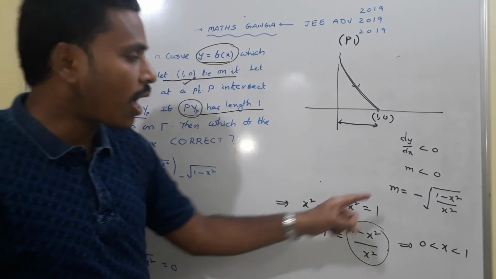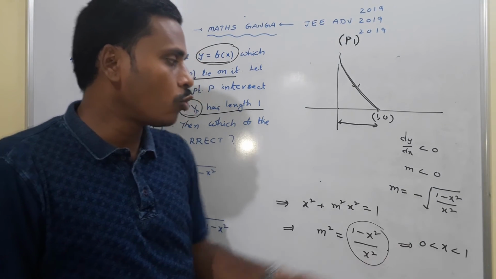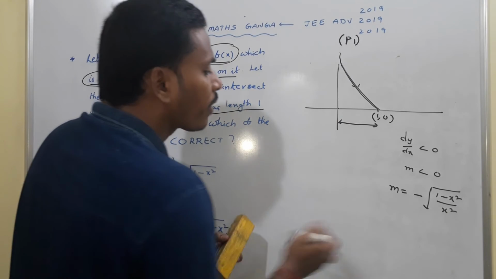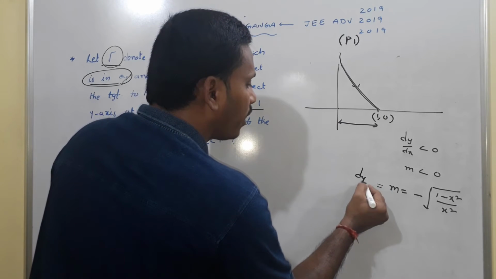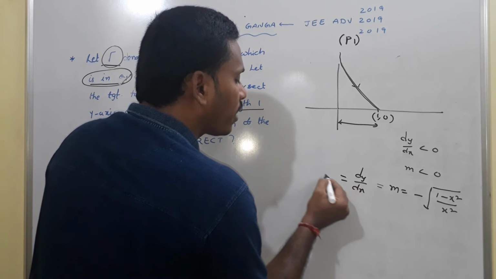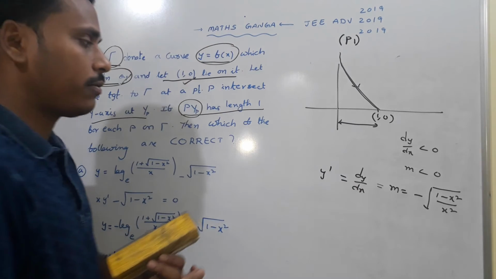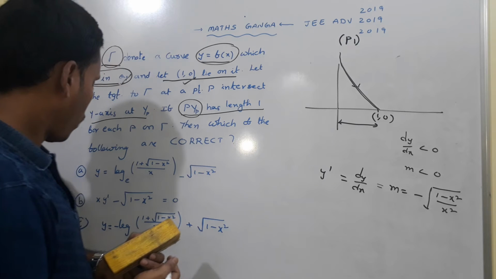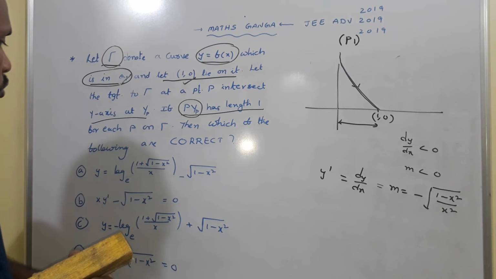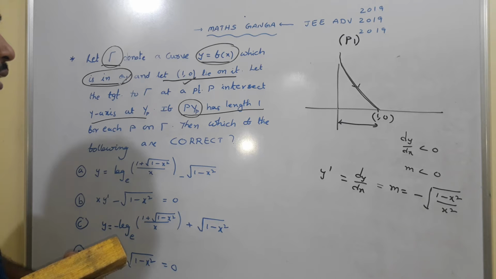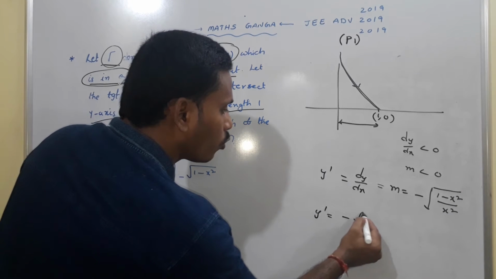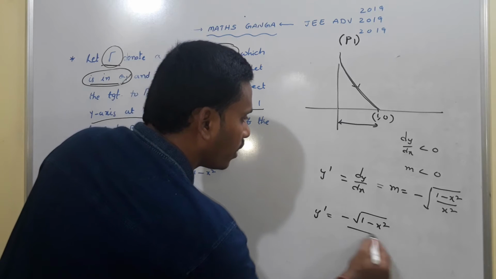So now I have m is equal to minus root of (1 minus x square) by x square. But what is m? m is dy by dx, which is nothing but y dash. So y dash is equal to minus root of (1 minus x square) by root of x square.